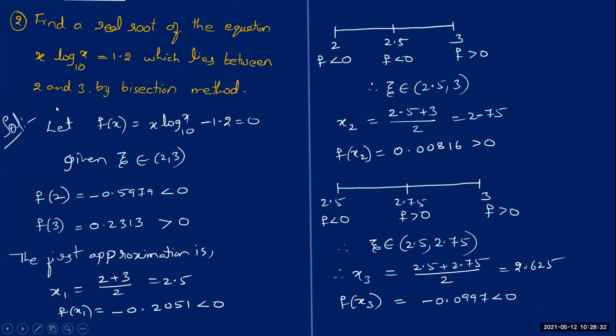Now keeping that negative value in view, I'm just taking a diagram again. I'm taking the diagram only to avoid confusion, nothing else. This is for x3. Before getting x3, the interval is 2.5 and 2.75. At 2.5, the function value was negative, and at 2.75, it was positive.